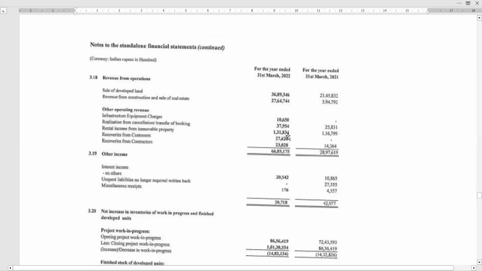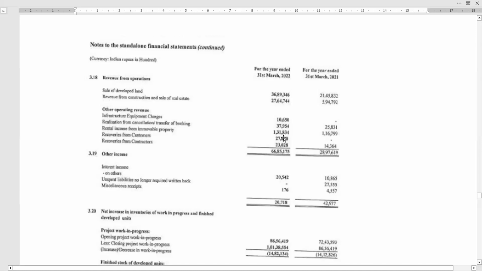Rental income from immovable property. They have rented out some property from which they are generating rental income. This is not revenue from operations. Please note, it is other operating revenue. Why am I saying this item specifically?